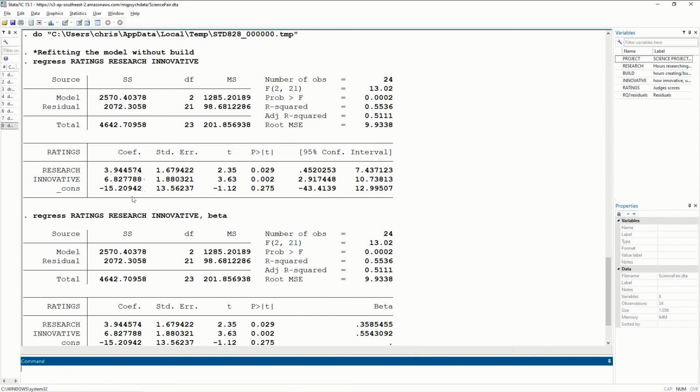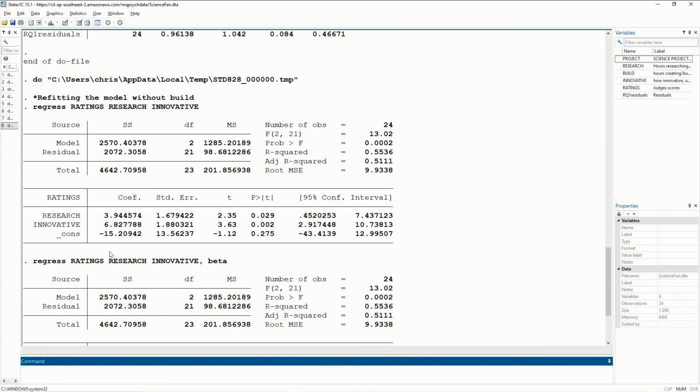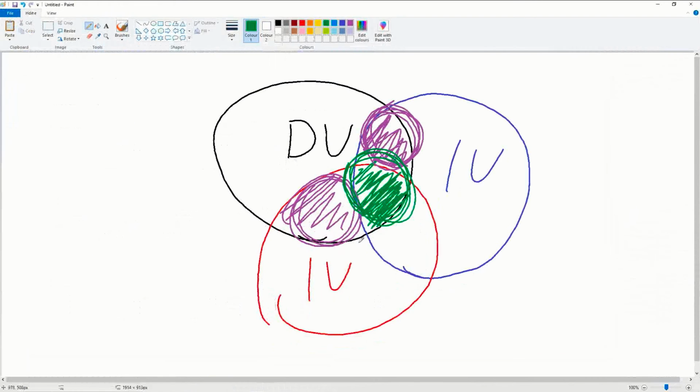We can see that our research effect is 0.394, so for every 1 increase in research, ratings go up by 0.394. And for innovativeness, it's 6.82. So I believe if we just compare, that's larger than both of these. So taking out building, our coefficients have increased. Now, the reason why these have increased is because we freed up this overlap.